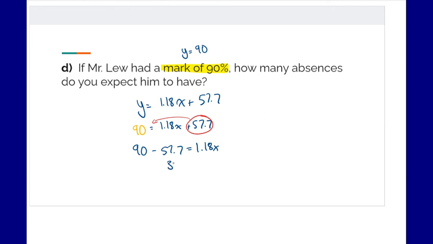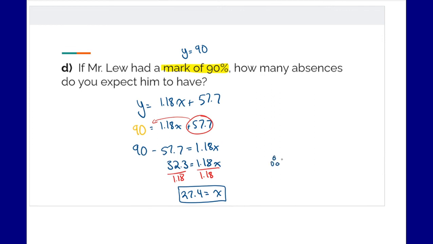You get 32.3 equals 1.18x. And to get it by itself, we divide. In which case we get 27.4 is equal to x.